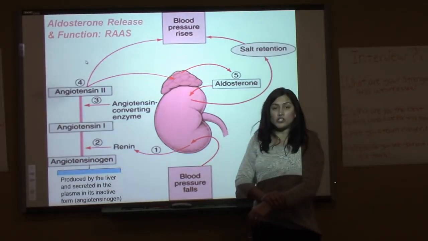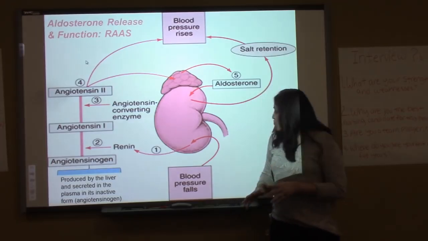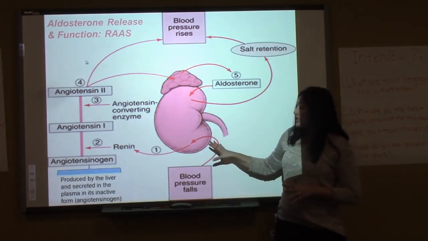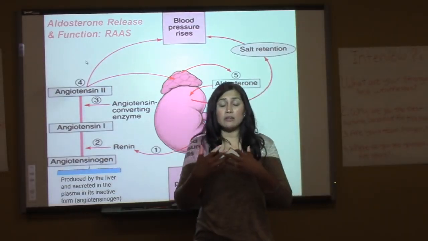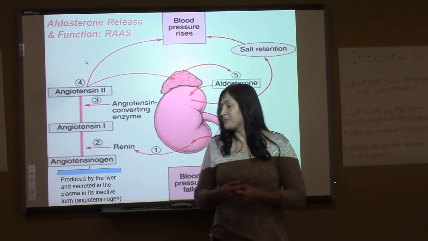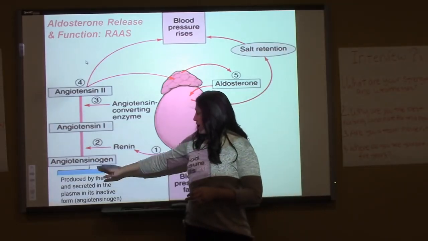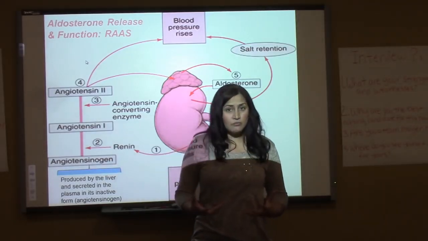So before I start, let me set up some background. Your kidneys' afferent arteriole actually has baroreceptors, and the function of these baroreceptors is to detect blood pressure. Another thing I want to say, angiotensinogen. This is basically an inactive protein.